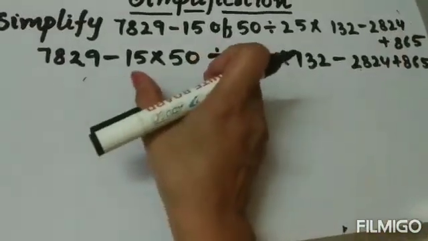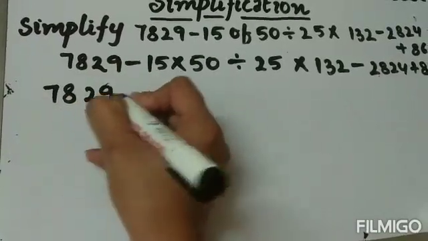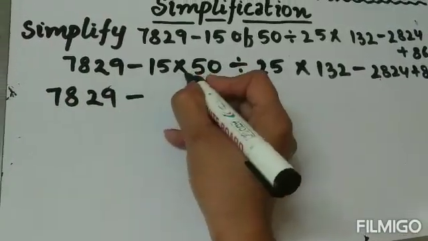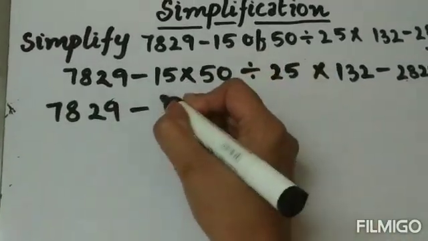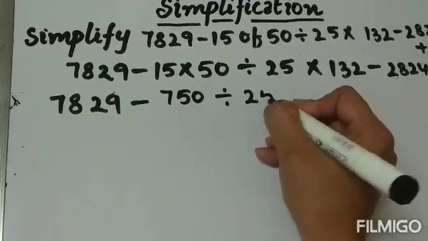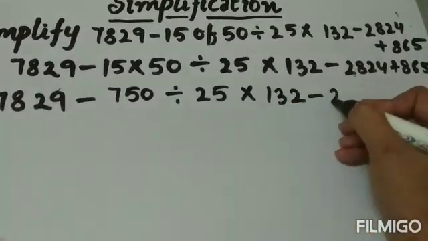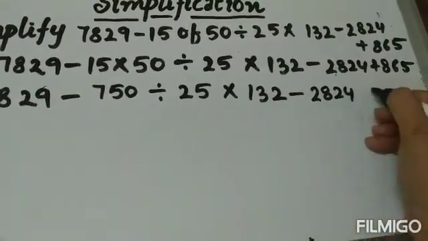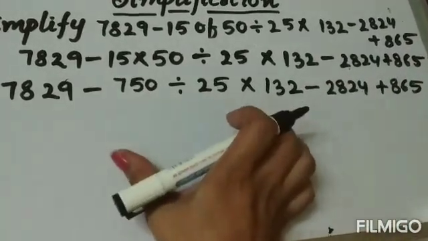So we have to solve this part first. This will become 7829 minus 15 5s are 75, so this will become 750 divided by 25 multiplied by 132 minus 2824 plus 865. So the first step we have done.